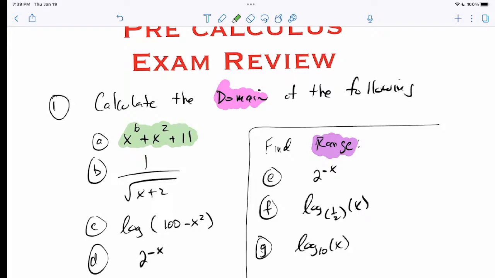In this case, there are no values where I'm taking the root of a negative number, and there are also no values such that I'm dividing by 0. So for something like this, the domain for A is going to be all real numbers.